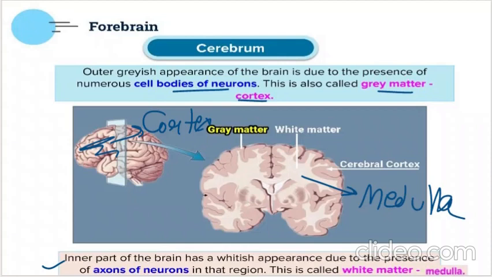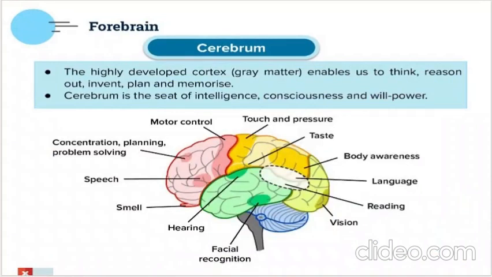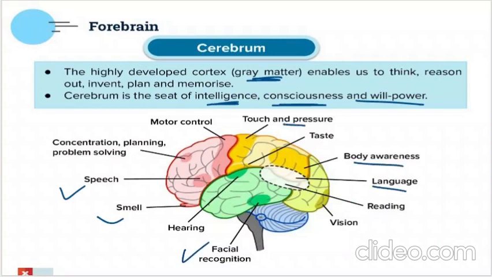All right. Now the highly developed cortex, that is the gray matter, enables us to think, reason out, invent, plan, and memorize. The cerebrum is the seat of intelligence, consciousness, and willpower. In our brain, we have so many different parts which help in speech, smell, recognition, touch, pressure, language, body awareness, and motor control.